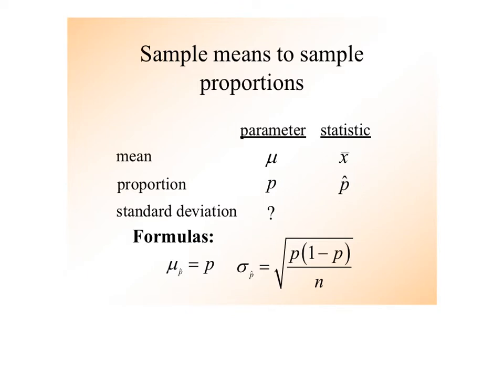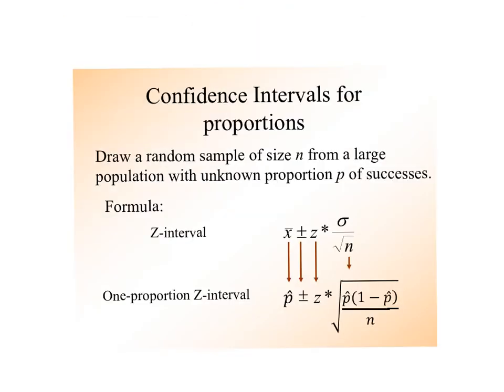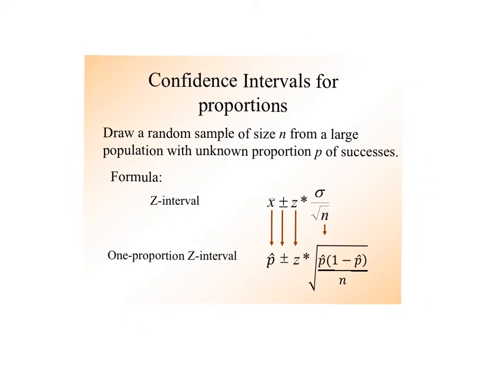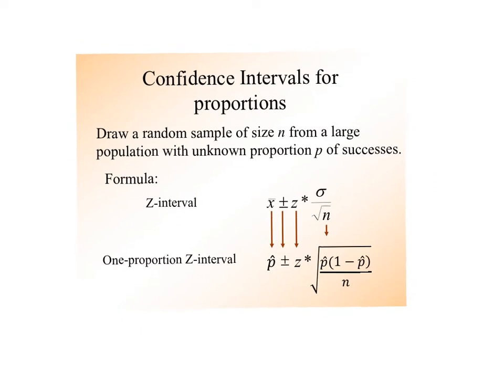So in the next slide, what I want to point out is the formula. This was the formula we used for means. And we would say this is a 90% interval, or an 80% interval, or a 70% interval.